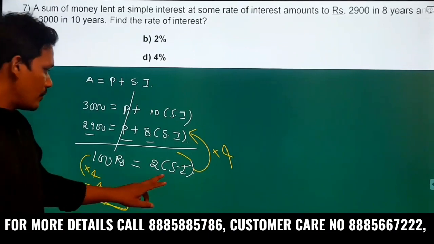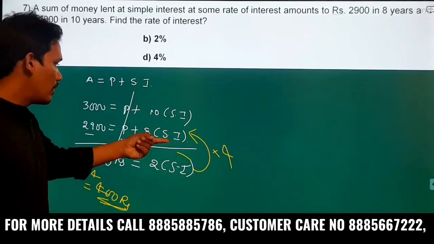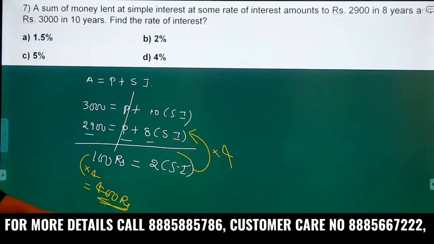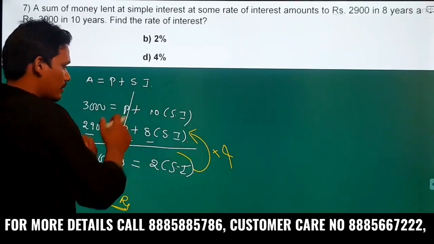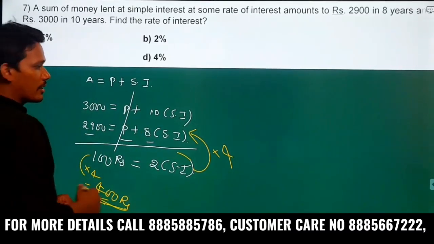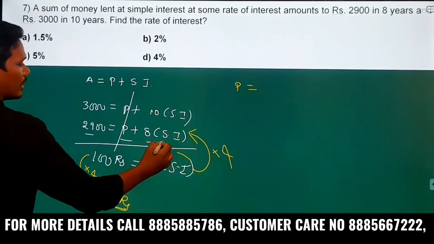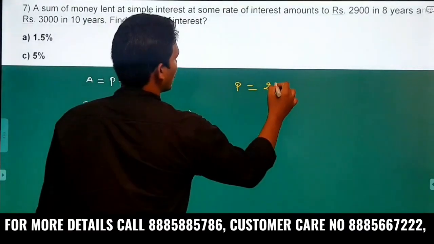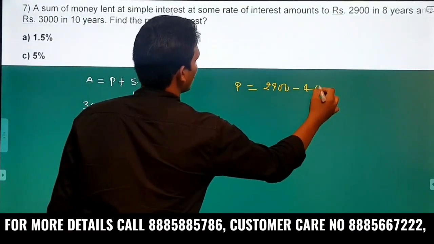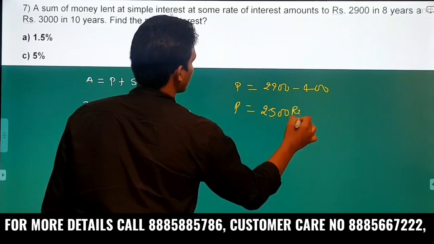So 8 years simple interest value will become 400. If you substitute this 400 here, directly you will get the principal value. Out of 2900, if you subtract 400, you are going to get principal as 2500 rupees.